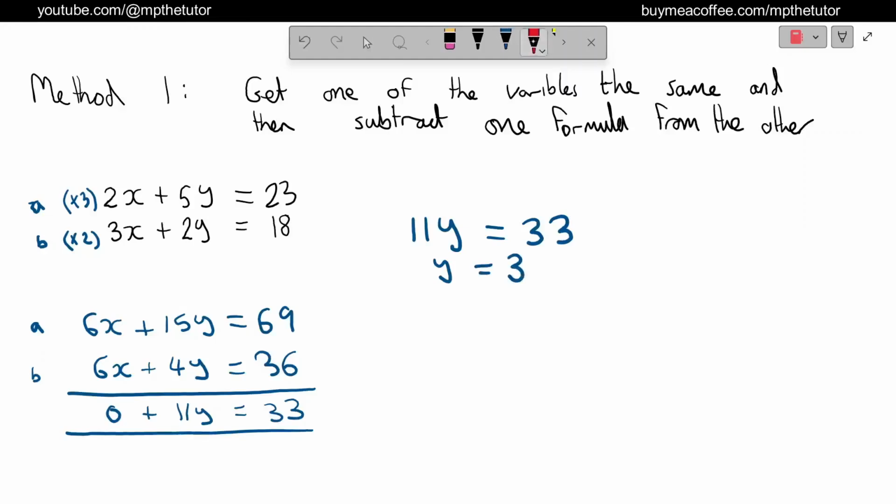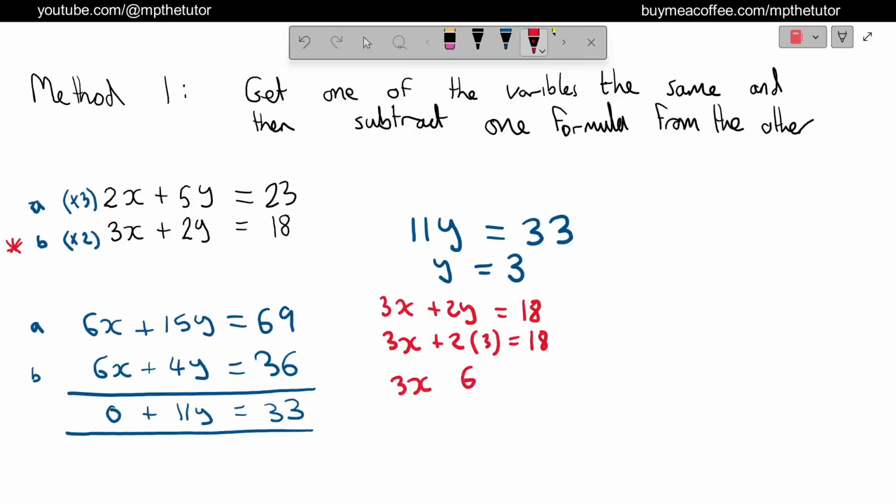Then we choose one of our formulas to plug in our value for y. It doesn't really matter which one we choose. I'm going to choose this one here, my 3x plus 2y equals 18. Or 3x plus 2 lots of 3 equals 18. 2 times 3 is 6.